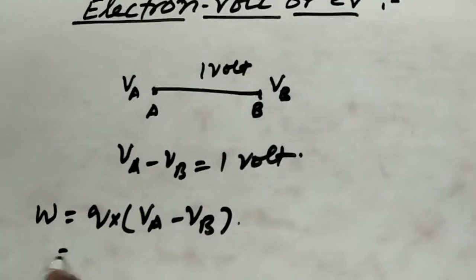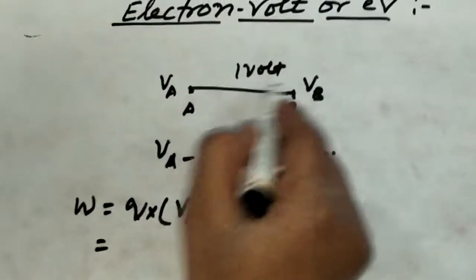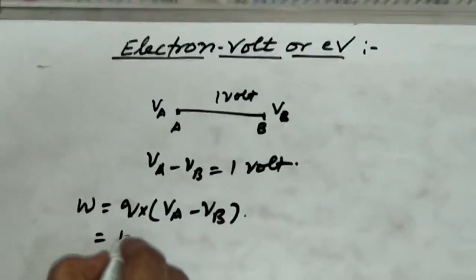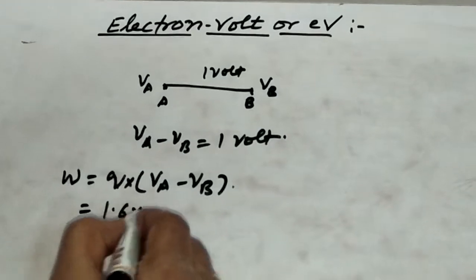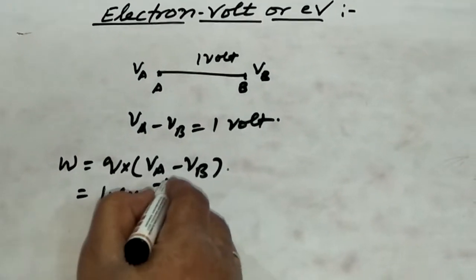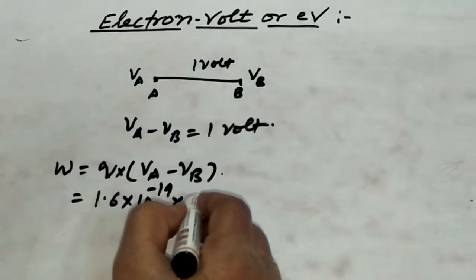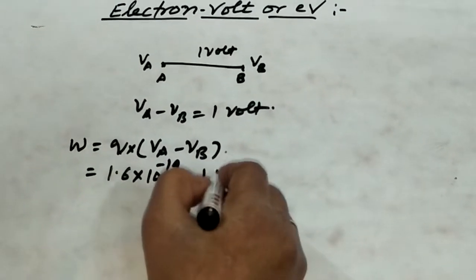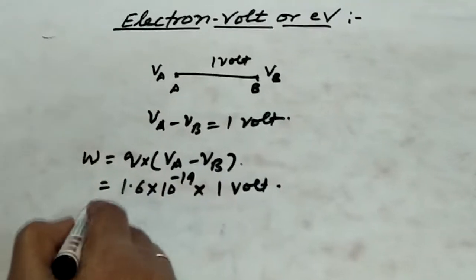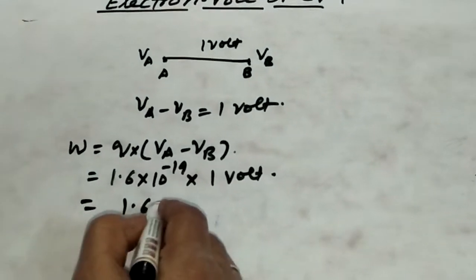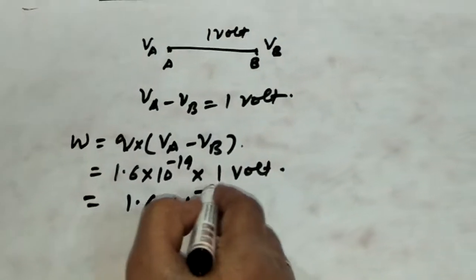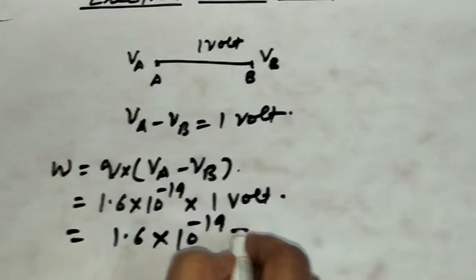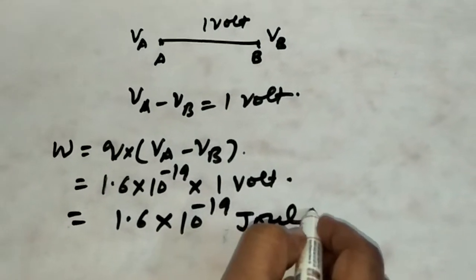And here Q means you are taking one electron. What is the charge on the electron? 1.6 into 10 to the power minus 19. And VA minus VB is 1 volt. In this way, this is equal to 1.6 into 10 to the power minus 19 joule.